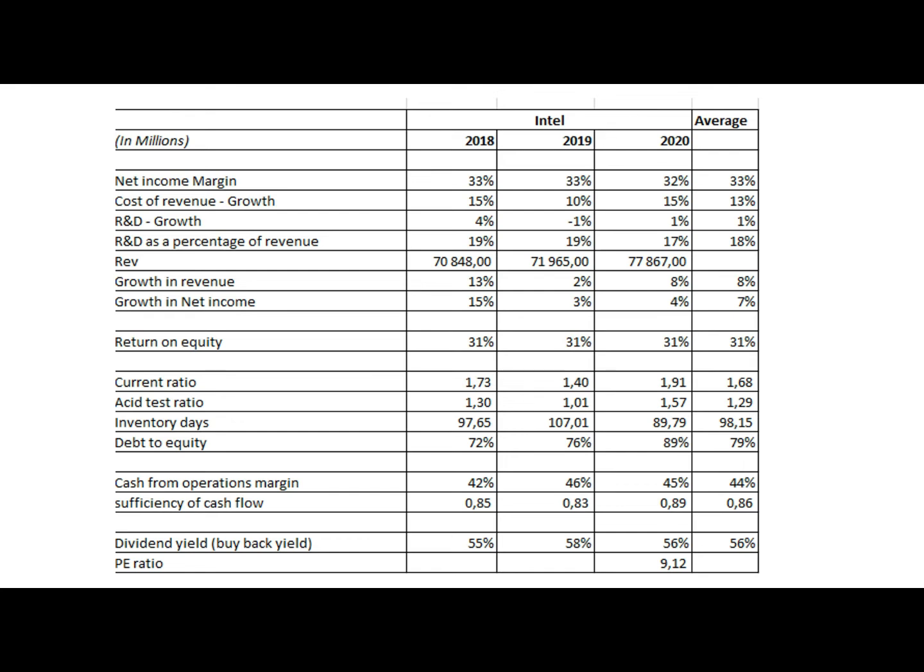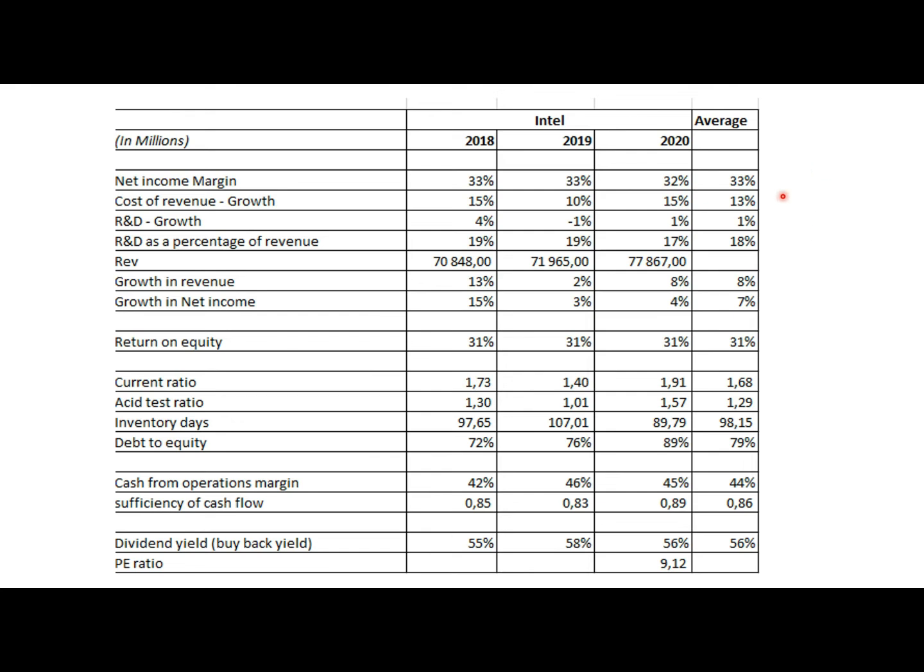Okay, so we talked about the stability of the net income margin, the fact that it is above the industry average. Now their good margin performance can to a degree be explained by good cost control. You look at the cost of revenue.